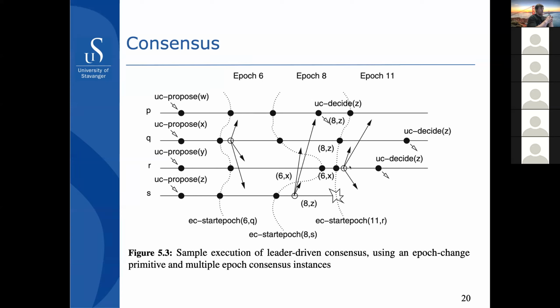So one crucial thing here is that we cannot guarantee that all the processes are in the same epoch. And this is also nicely drawn here, where we can see that epoch 6 lasts way longer for process R. So for some reason, the process R spends a lot of time in epoch 6 before he realizes that he should change to epoch 8.